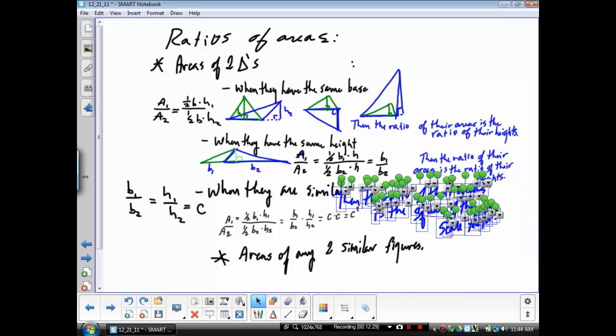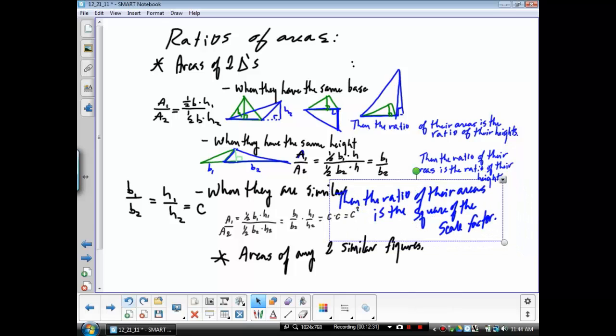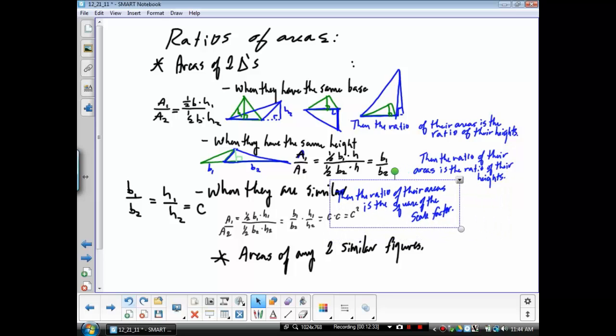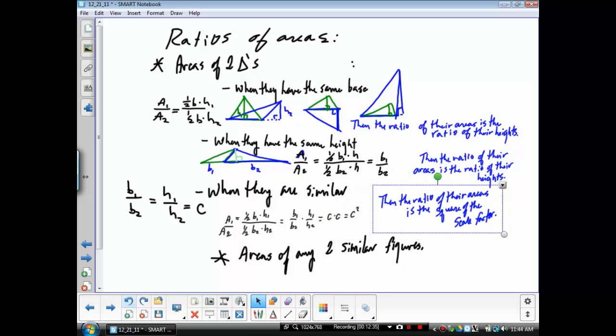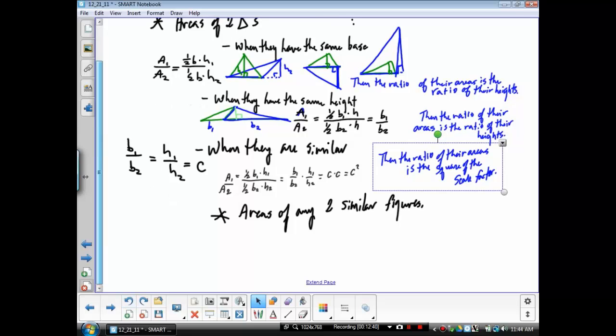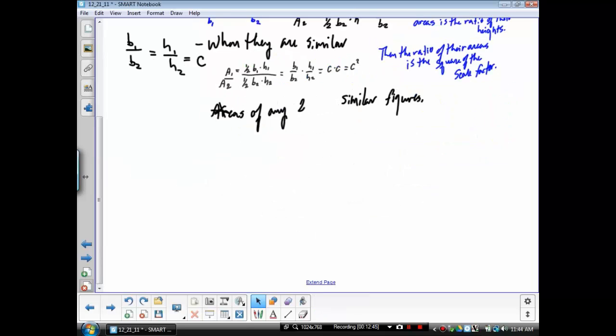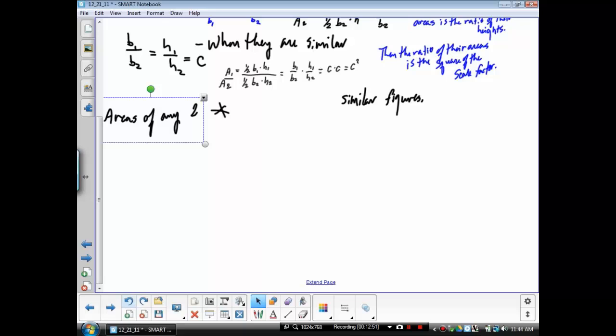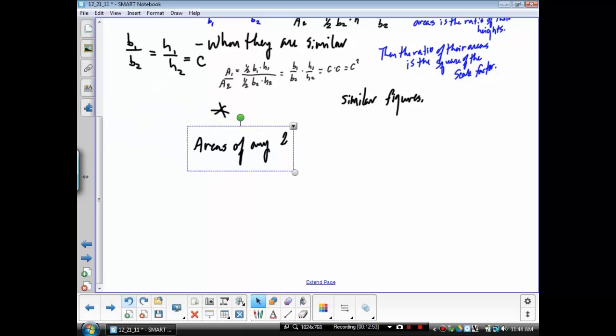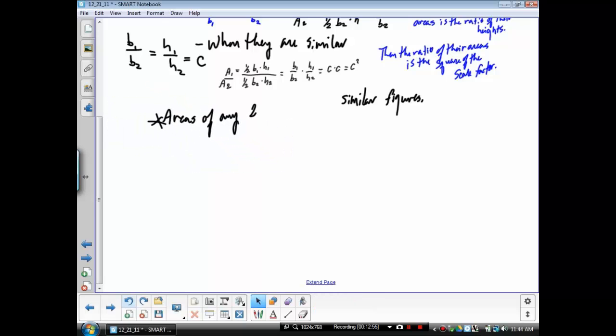So we are going to now go to our theorem, which is our last bulleted item, and deals with any two similar figures. So areas of two similar figures is theorem 11.7.